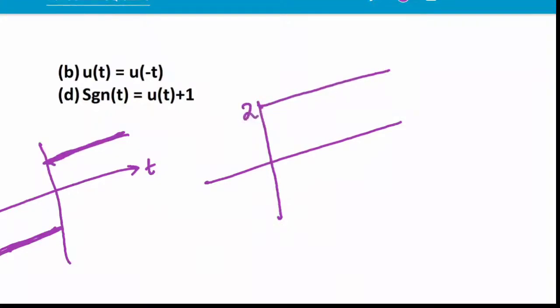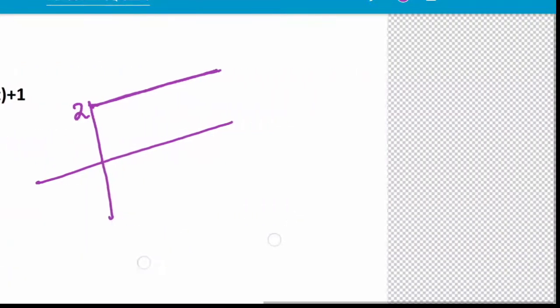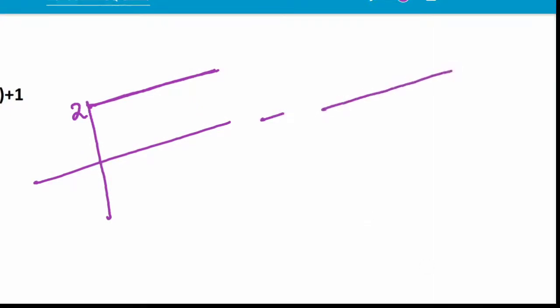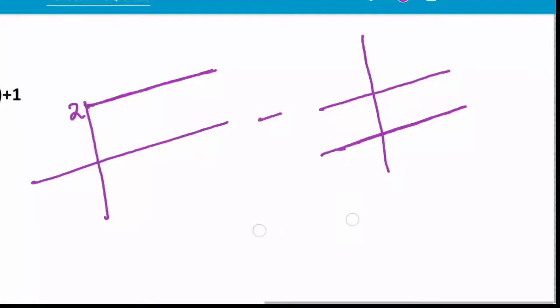Suppose 2u(t), what will be 2u(t)? Here is the 2u(t), this is 2. And if I subtract 1, what will be subtracted? Minus 1 will be subtracted. So what will be the result?